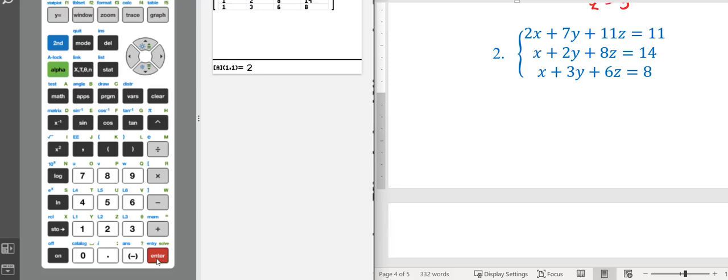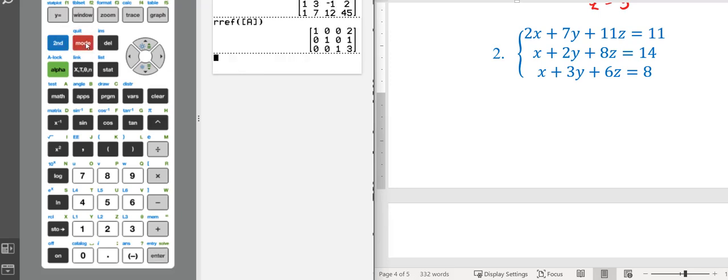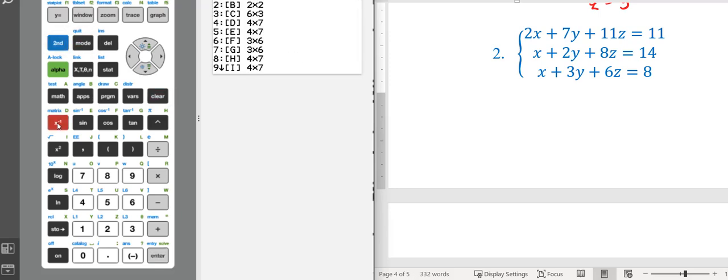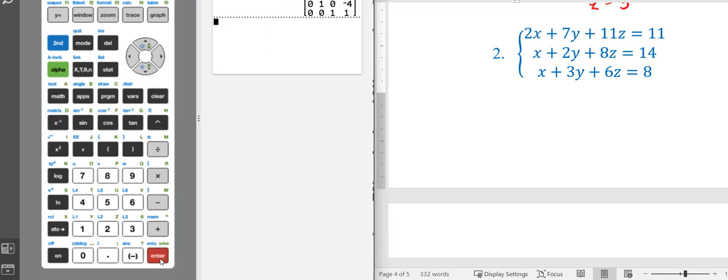Looks good to me. Second quit. Second matrix math. RREF. Enter. Second matrix A. Close parenthesis. Enter. The answer to this system is the ordered triple 14, -4, 1.